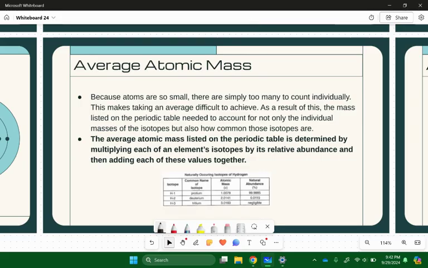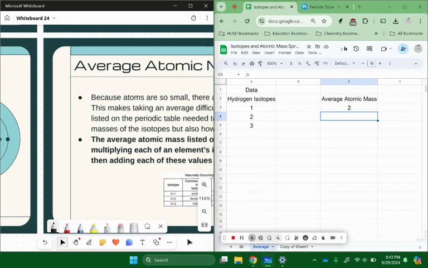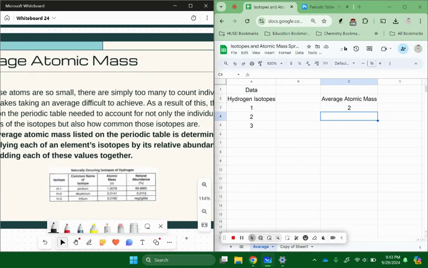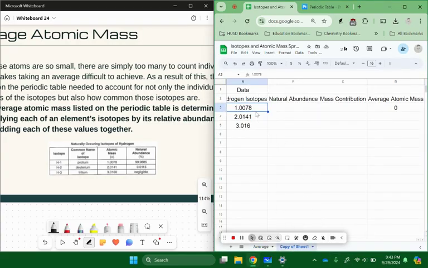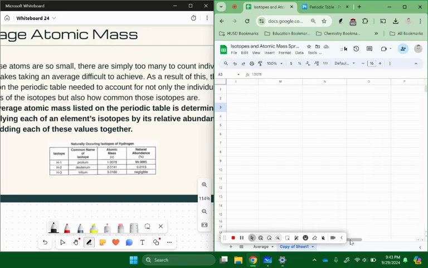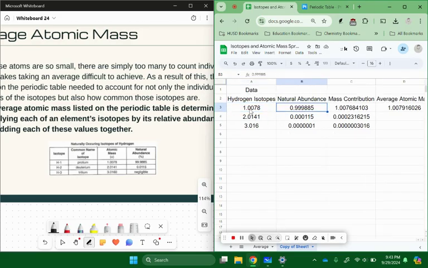Let's try this out. So I'm going to move that over there. I'm going to put this over here. Let's move to my next spreadsheet. Okay. So here I've got my individual isotopes of hydrogen.